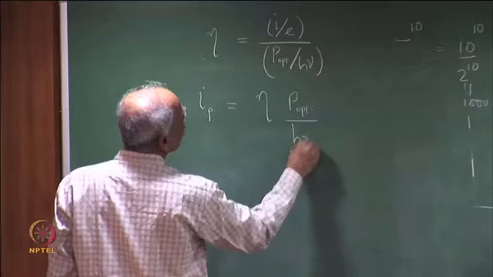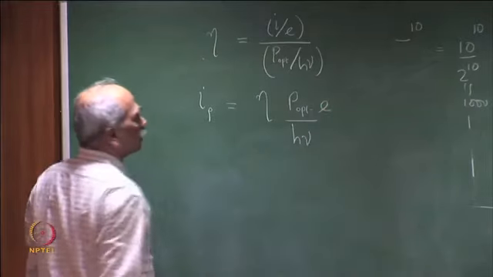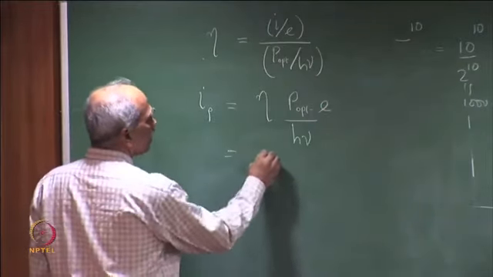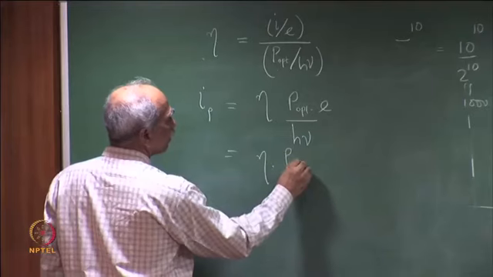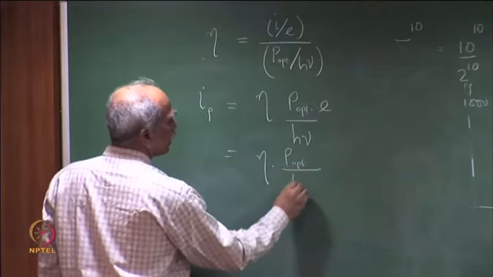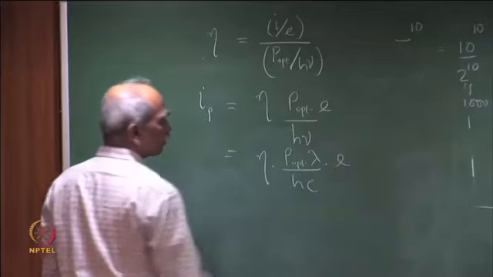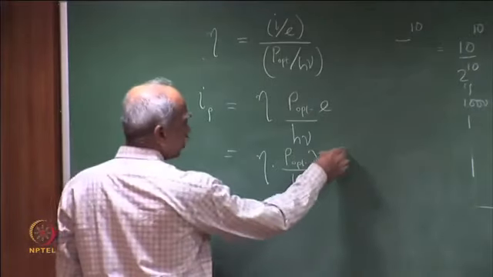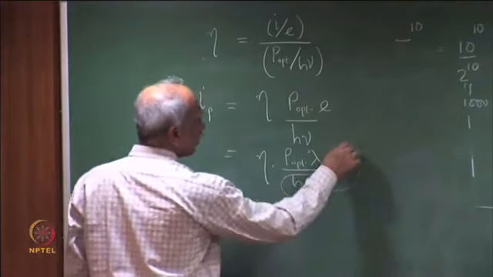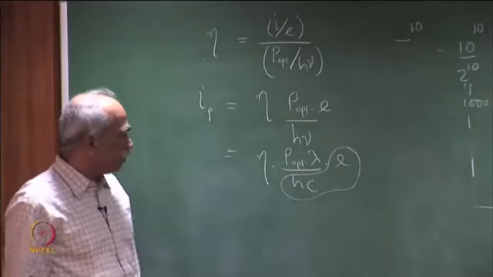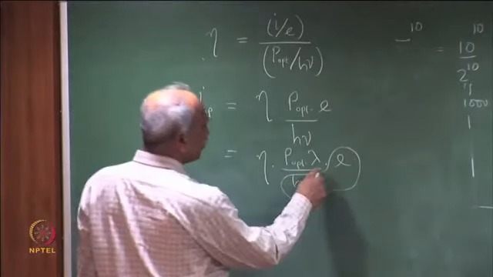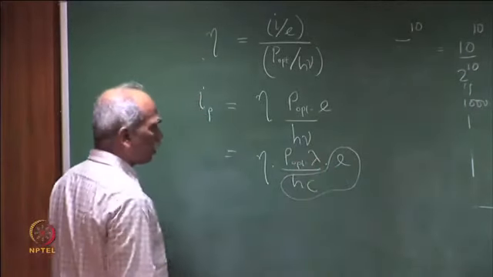So I, the primary photocurrent, is equal to eta into P optical divided by h nu, into e. That is equal to eta into P optical divided by h into c by lambda, into e, and we know this quantity hc by e is 1.24 if lambda is in micrometers.